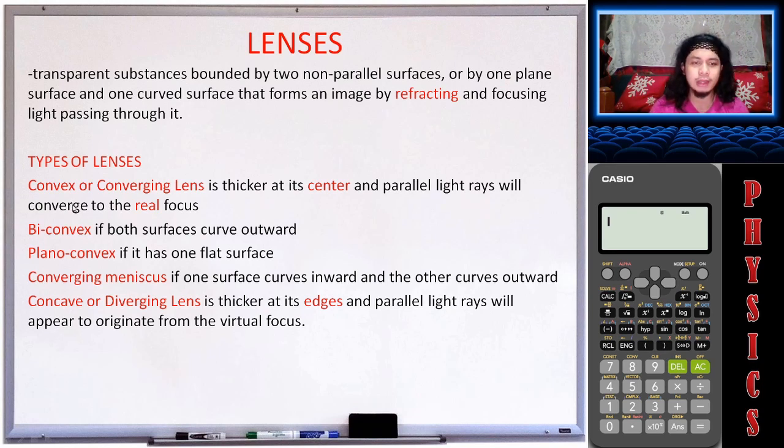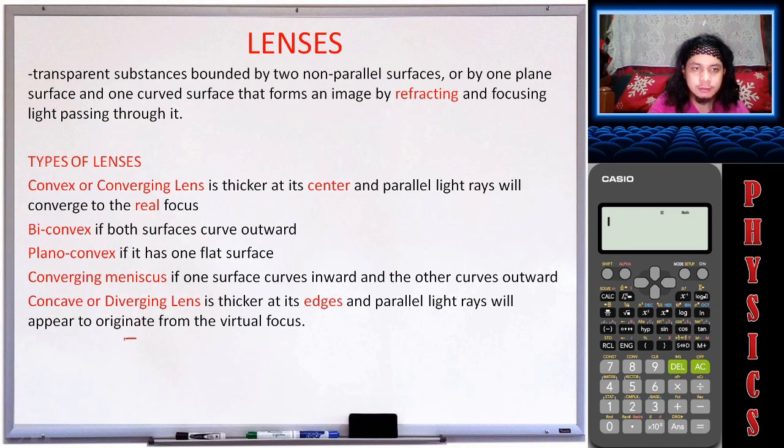Meron tayong tinatawag na convex or converging lens. Sabi dyan, thicker at its center and parallel light rays will converge to the real focus. Ano po bang itsura ng convex? Mas mataba daw yung gitna.